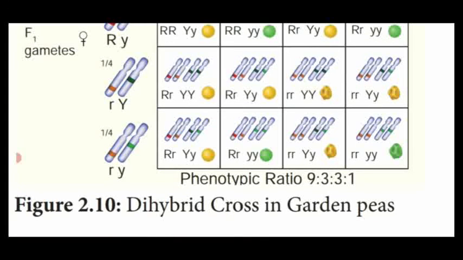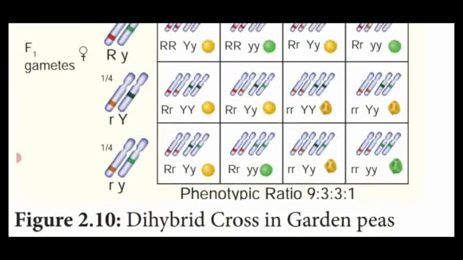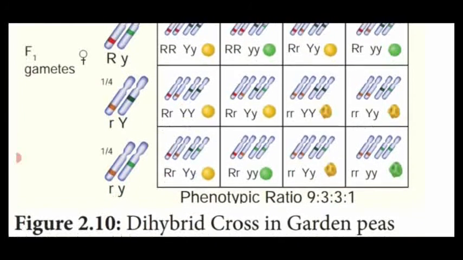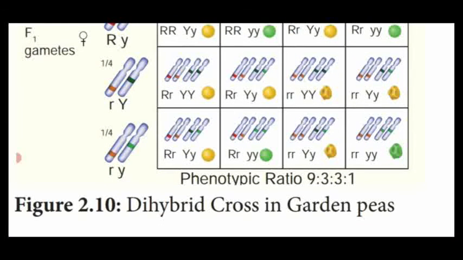Then in the fourth row, the first box shows capital R and capital Y. So count the number: 4, 5, 6, 7, 8 and 9. So out of 16, 9 gametes are round yellow.